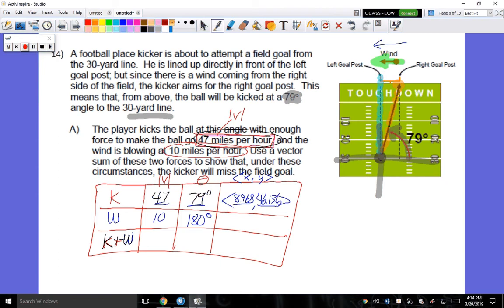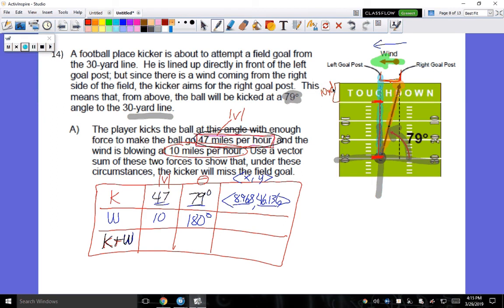Little FYI: if you're trying to make the goalpost, not only do you have to travel this 30 yards from the 30-yard line to the end zone, but each end zone is also 10 yards.